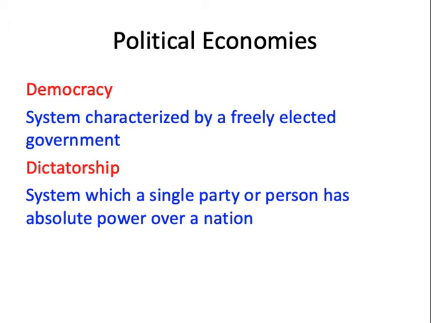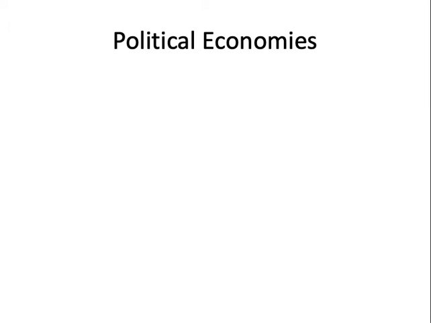And so these are dictatorships where opposition parties cannot gain any ground, and oftentimes for fear of death. It's very important to understand that these are two extreme versions of how political economies get elected or get in power. So the first system that we're going to look at is communism.